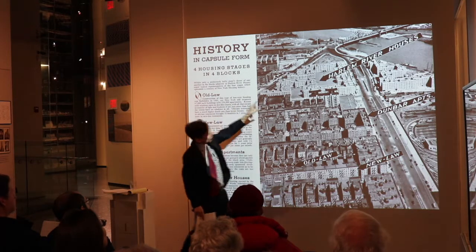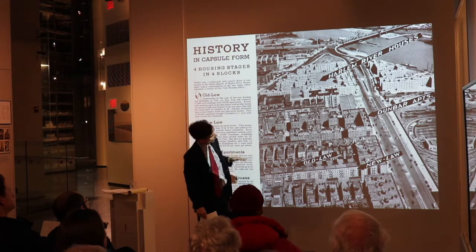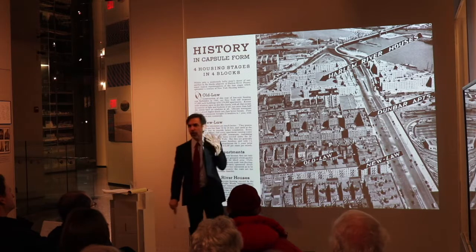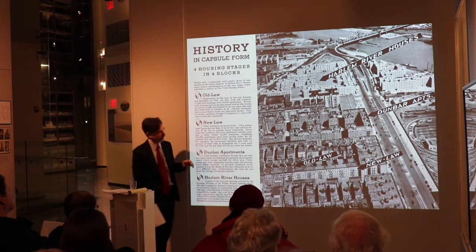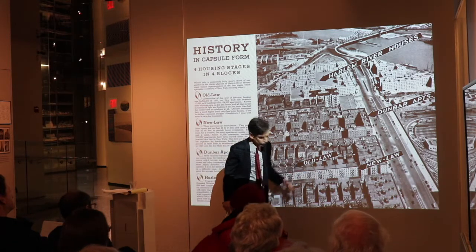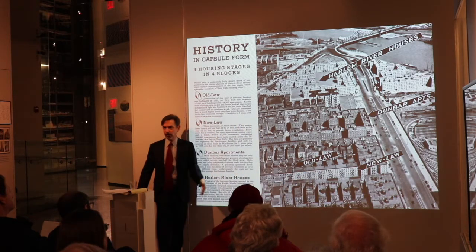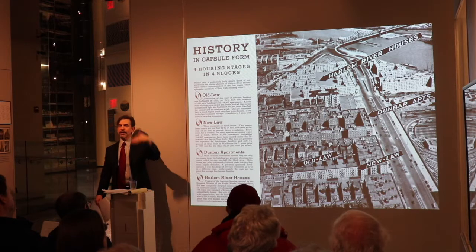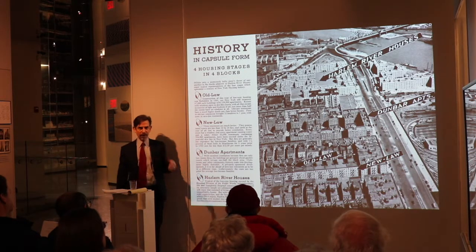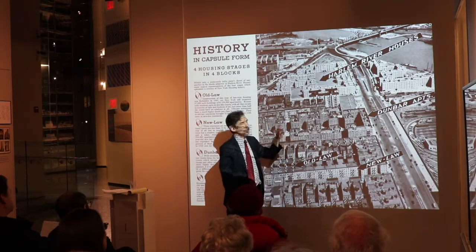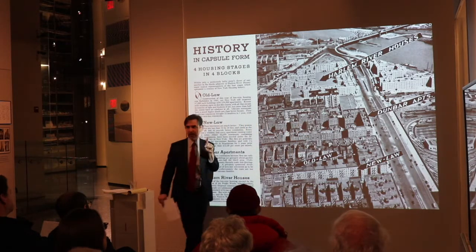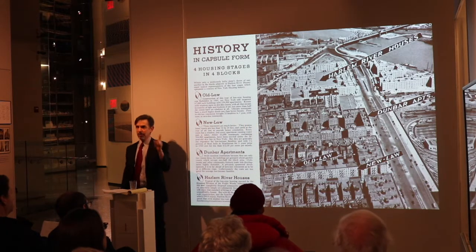So this contrasts the so-called old law tenements, the very first regulations, which are happening in the 1860s and 1870s, with the so-called new law tenements, where the law is radically revised and the standards are elevated. This is 1901, with Dunbar Apartments, which is a privately funded development for a black clientele.